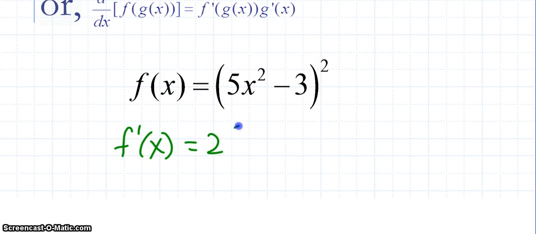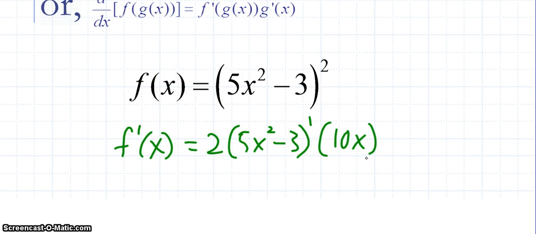I do 2 times the inside, which stays the same, 5x squared minus 3, subtract 1 so it's to the first, and then times the derivative of the inside, which is 10x. So this is my derivative.